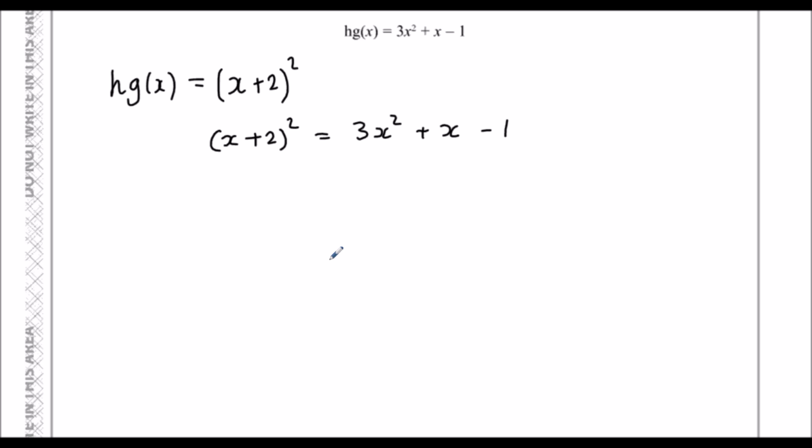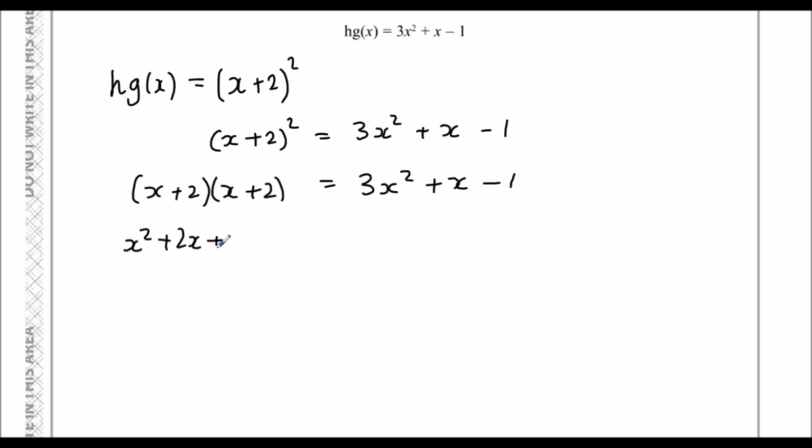So x plus 2 squared, we can rewrite as double brackets, x plus 2 times x plus 2. And then we can expand those brackets. Expanding the double brackets, x times x is x squared. x times 2 is 2x. 2 times x is 2x. 2 2s are 4.